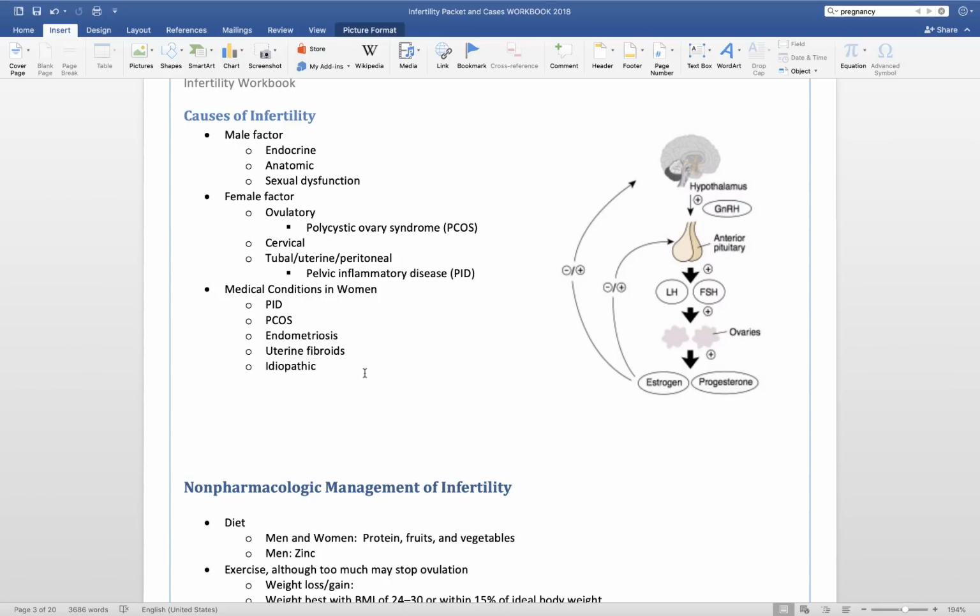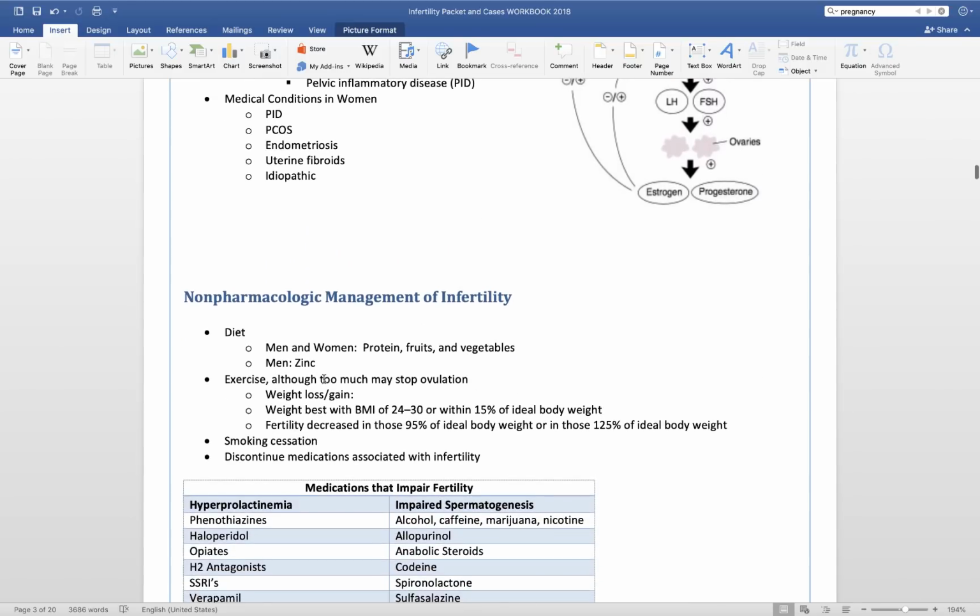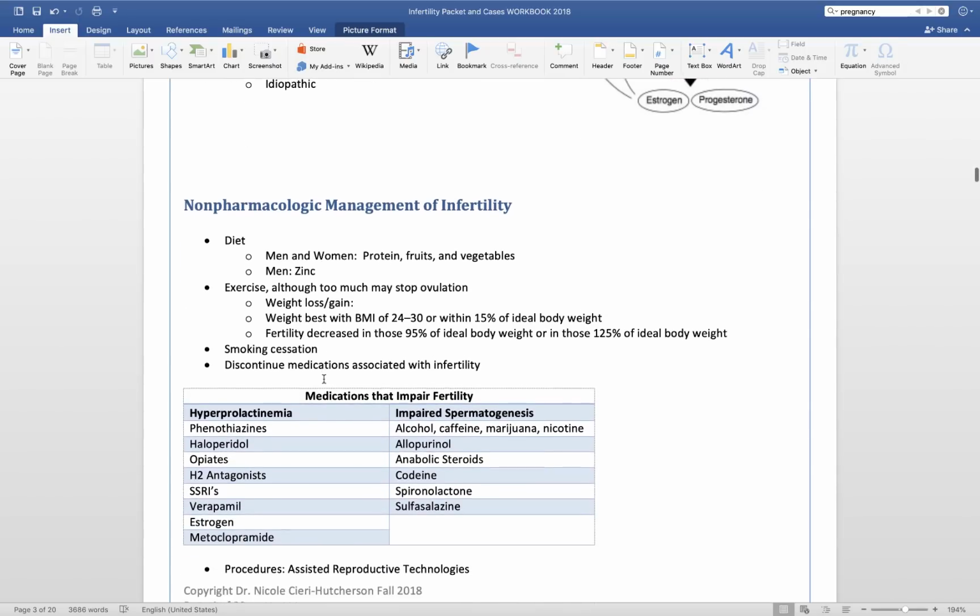So ovulatory dysfunction in things such as PCOS or polycystic ovary syndrome, cervical issues, or tubal, uterine, or peritoneal disease due to things such as pelvic inflammatory disease. Some of the medical conditions in women that can lead to infertility are listed there, and we'll go into some of those in more depth at the end.